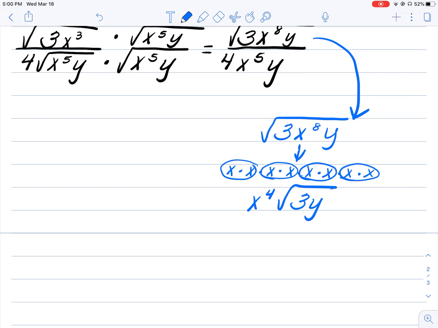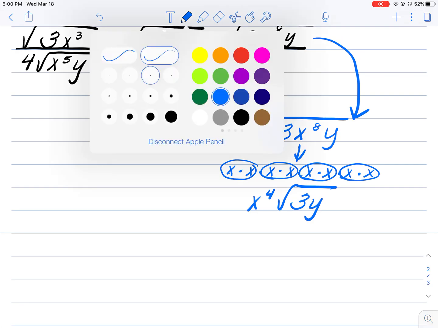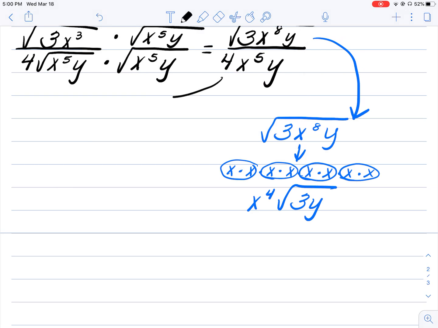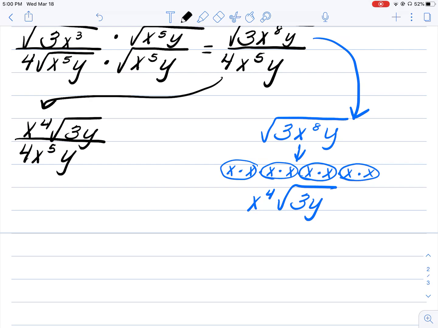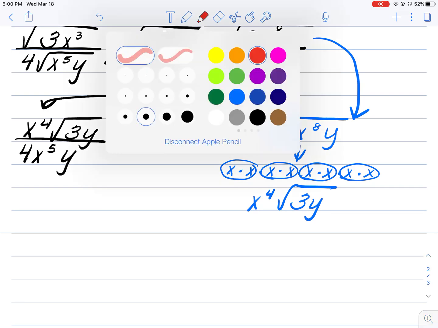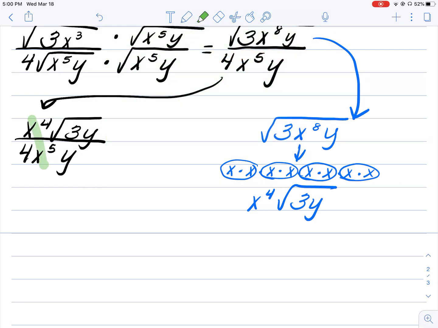So that is my numerator, and I'm going to rewrite it over here: x to the fourth square root of 3y, all over 4 square root of x to the fifth y. I notice that these two can definitely be divided, or in other words, subtracted, and when I do that, I get my final answer as 3y over 4xy.